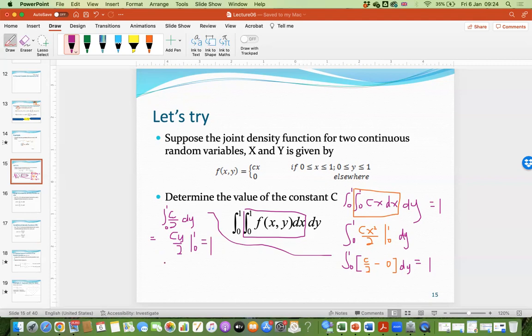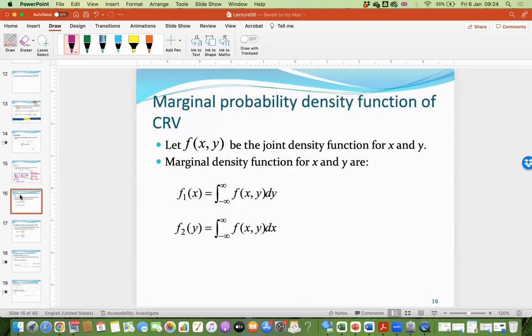Then I plug in y equals 1, c over 2, minus 0 when I plug in y equals 0, and that equals 1. Therefore my c equals 2.